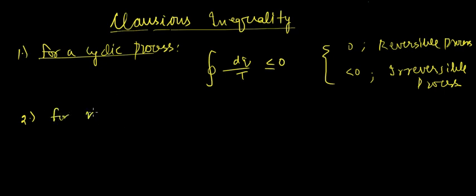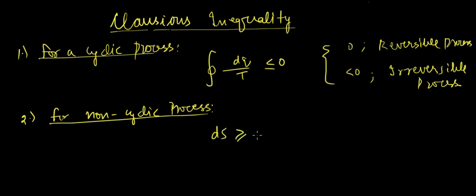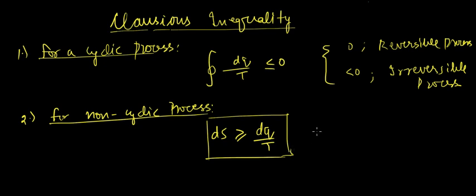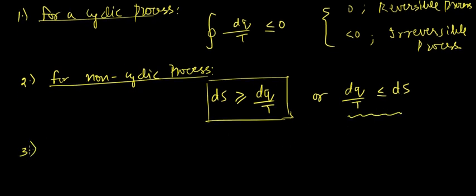So for a non-cyclic process, we can write that dS, or change in entropy, would be greater than dq by T. Or we can write that dq by T is less than or equal to dS. So just remember these three forms.